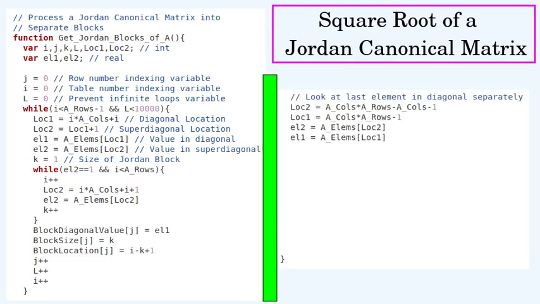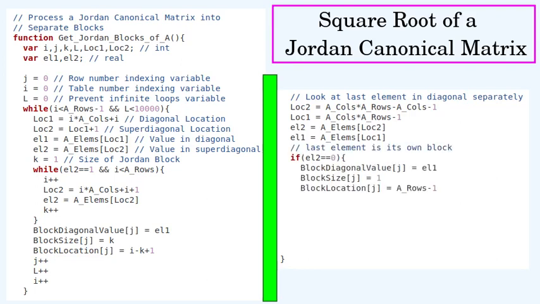And because the last entry in the diagonal doesn't have a superdiagonal entry across from it, we'll have to work with it separately. We'll get the value of the last element together with the superdiagonal entry directly above it. And if this superdiagonal entry above it is 0, it will be its own block and be stored as its own block. And then we'll increase the number of blocks in this table.